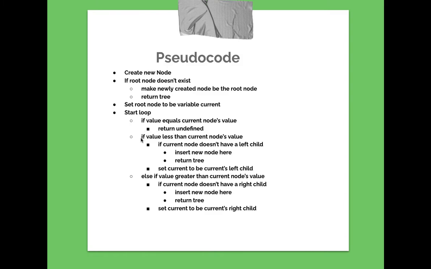Okay, so if we enter this first block of code here of our if statement, we arrive here. So we have another if statement saying if current node doesn't have a left child, then insert the new node here and return the tree. So if the current node doesn't have a left child, then we can just insert our newly created node here.